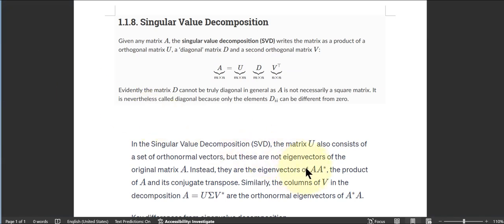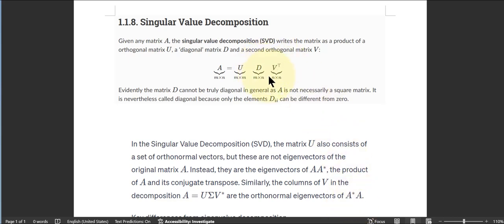So U is the eigenvectors of A star, that's here. And then this V is the eigenvectors of A star A. So it's not the same order, right? This is A star, this is A star A. So they probably have different eigenvectors. And so that's what V is. V is the eigenvector of A star A, and then we take the transpose.